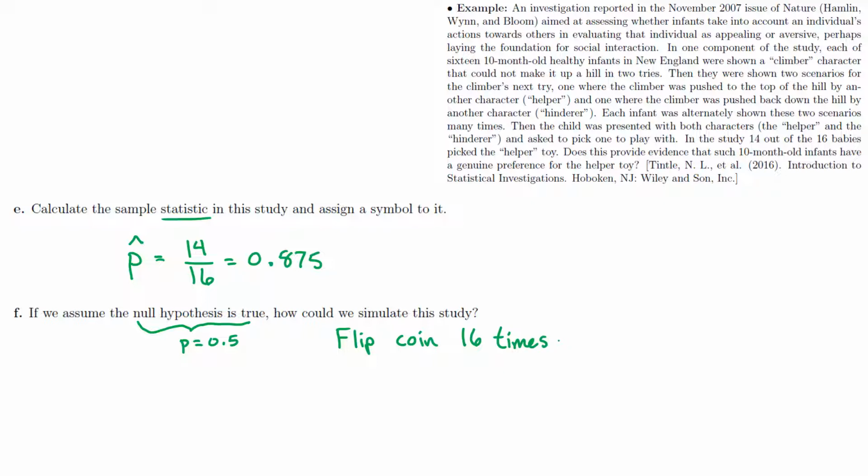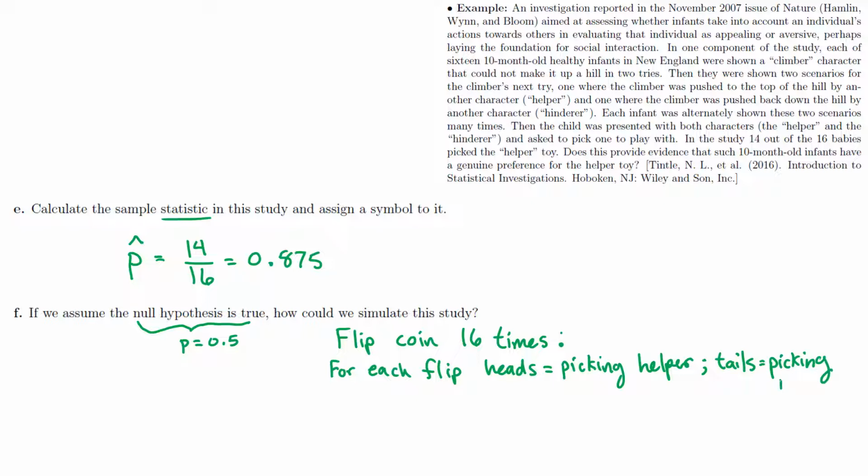I flip the coin 16 times, and for each flip, heads is going to be the same as picking the helper, and tails is going to equal picking the hinderer.